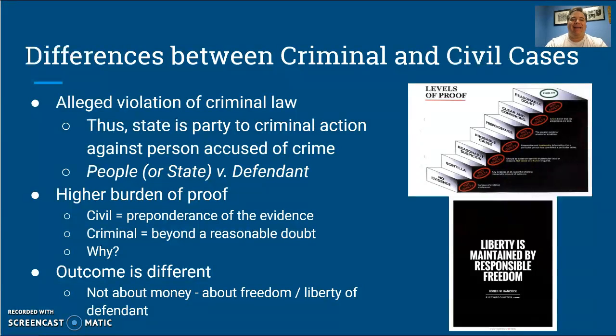Okay. And again, outcomes of a criminal matter are different than those in a civil case. In a civil case, if the losing side, the defendant, let's say, loses the case, they'll have to pay the plaintiff some amount of money, or they'll be restricted if it's a suit in equity. Their ability to do something will be restricted.